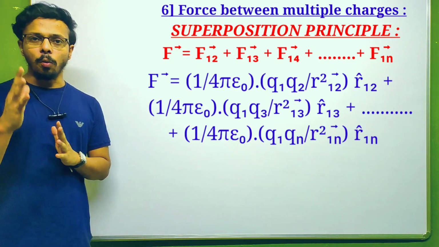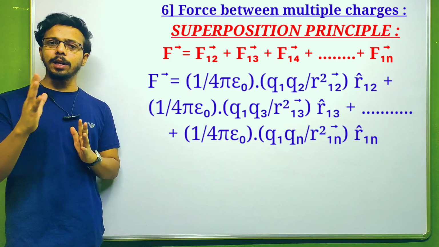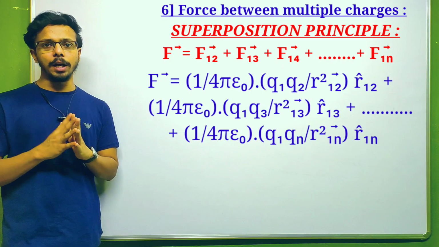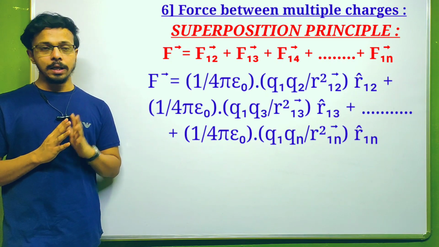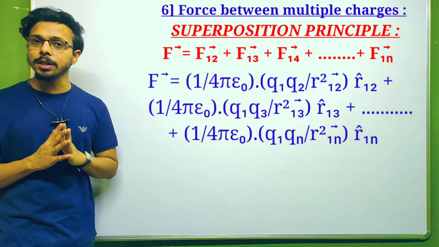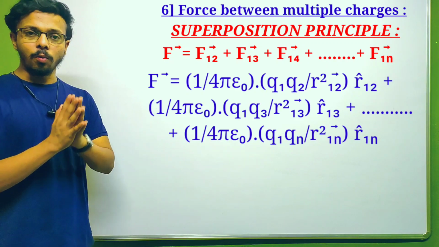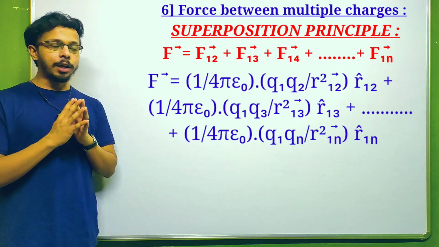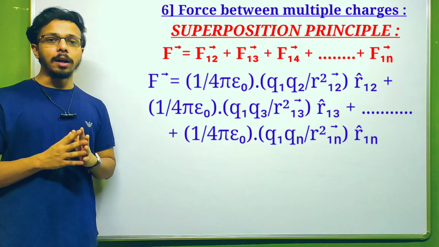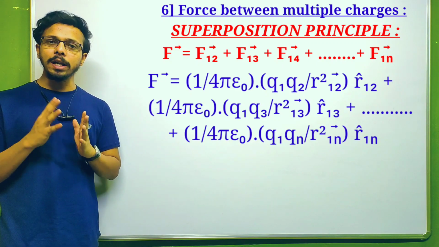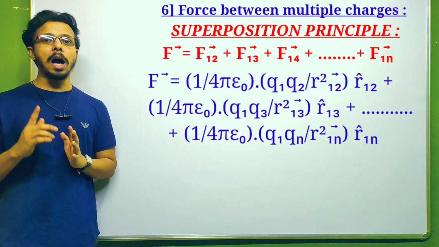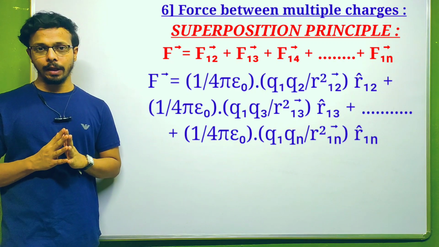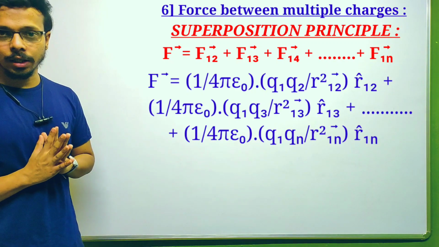It is given by 1 divided by 4 pi epsilon naught, Q1 Q3 by R13 square into R13 cap. Similarly, for n charges, it is given as 1 divided by 4 pi epsilon naught, Q1 Qn divided by R1n square into R1n cap, for n number of charges.